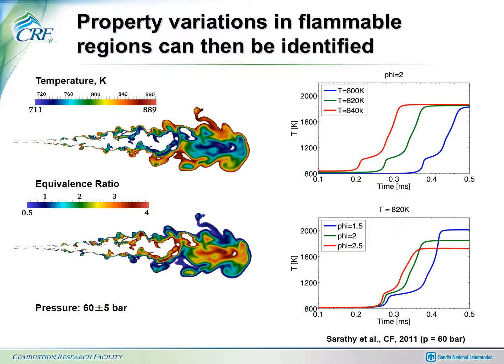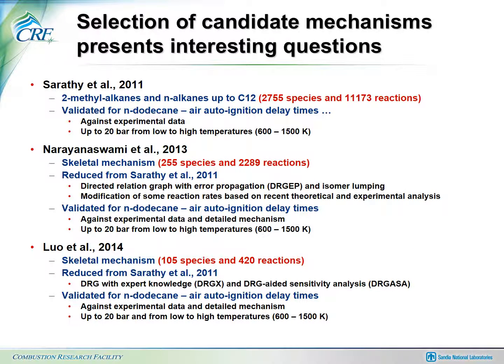So the last point I'd like to make is the fact that chemistry enters in the following way. The key mechanisms that one might consider, at least as either full or skeletal mechanisms and so on, are the ones I'm listing here.